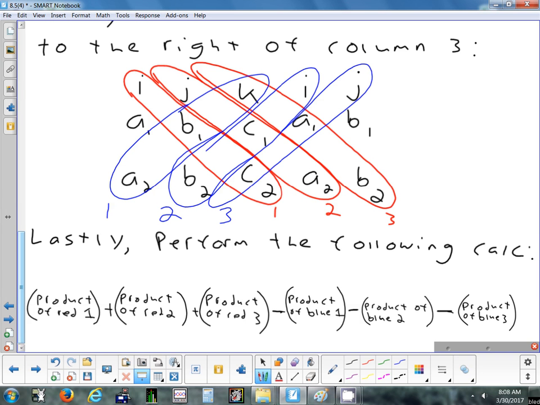You just have to keep track of when you add and when you subtract. The diagonals that go down and to the right, you're adding. The diagonals that go up and to the right, you're subtracting. Okay, and once you do that and get the answer, that's the cross product.